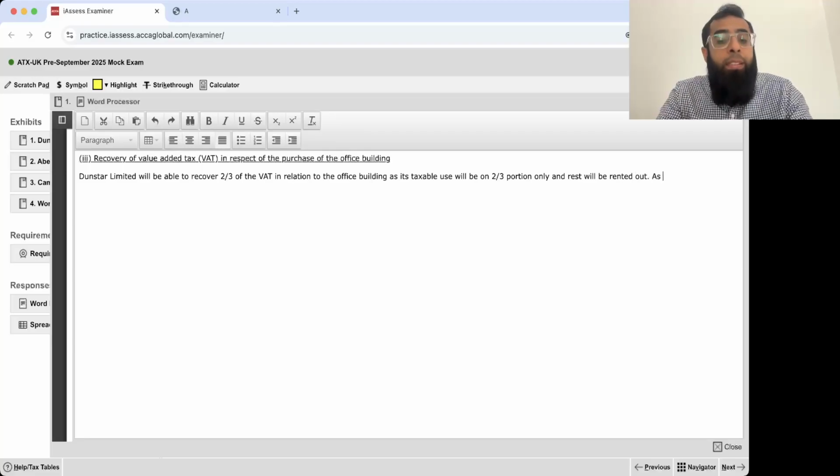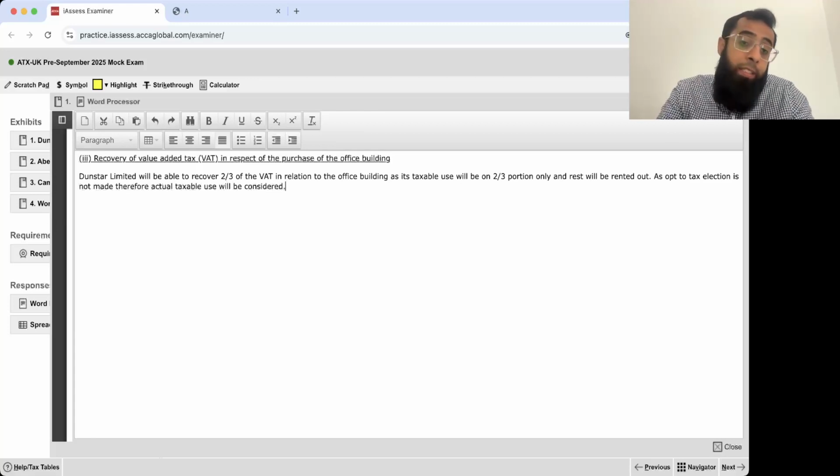Okay, as the opt to tax election is not made, therefore actual taxable use will be considered.